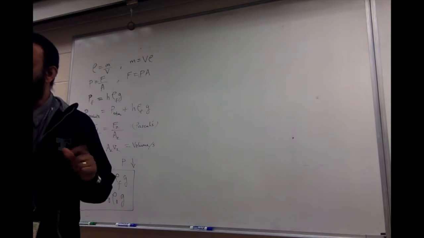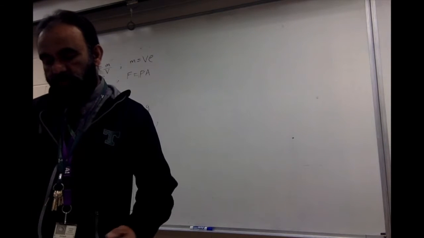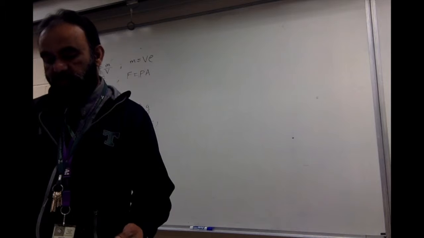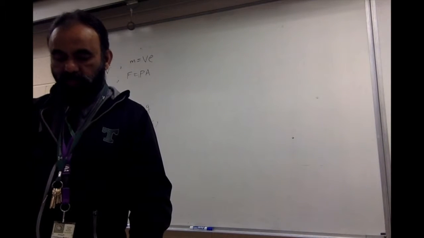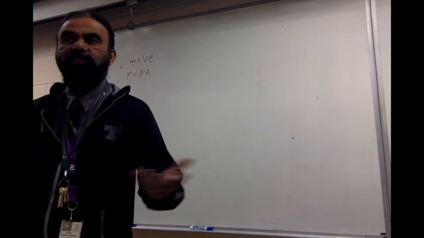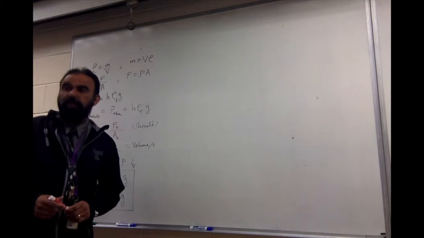Is that clear? Good. Now, before I go into numericals on Archimedes principle and all that, let me go over some more concepts that you will need to understand, because that's also related to pressure. One of them is called gauge pressure.